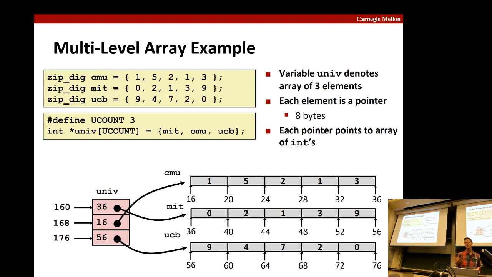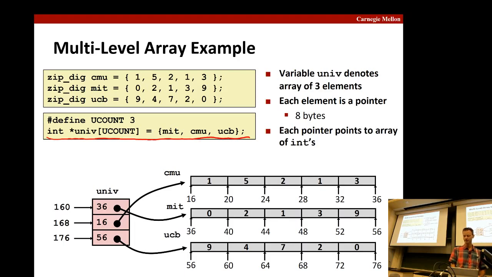So this is also a multi-dimensional array, but it's done in a slightly different style. It's done as a multi-level thing. Okay, so here you can see that we've defined this thing that's 3 pointers, and we've initialized it to our 3 different zip codes.